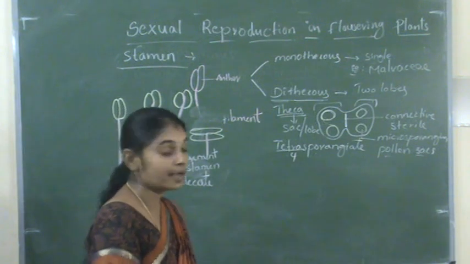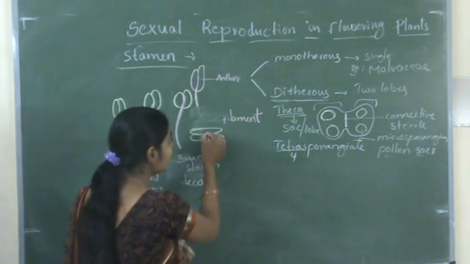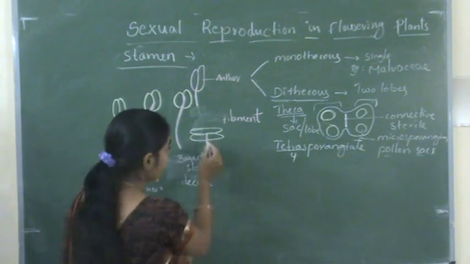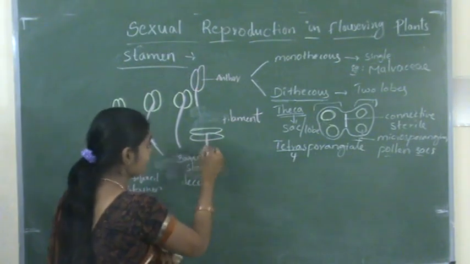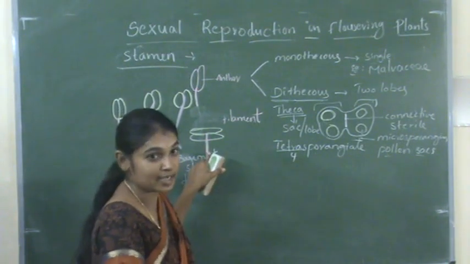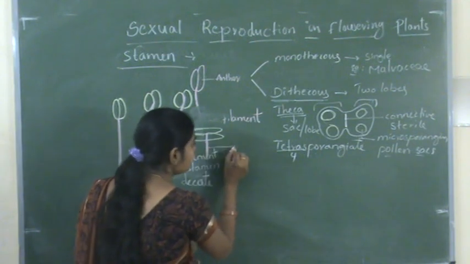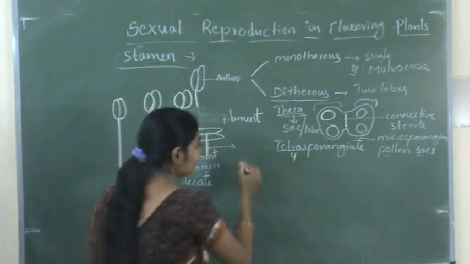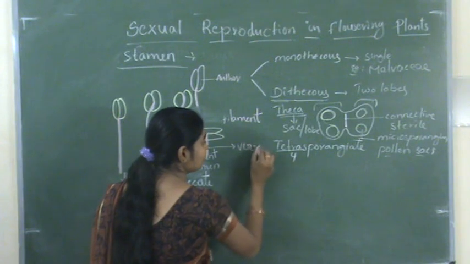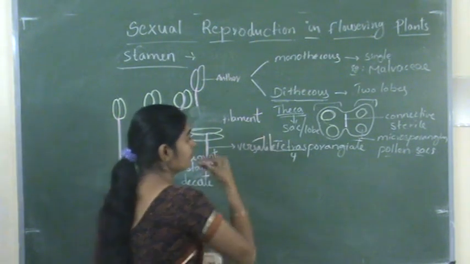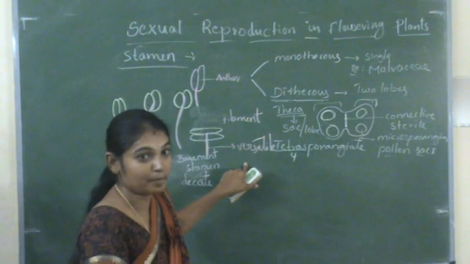And another one is there, in which flattened anthers are present, and in the middle of the anther the filament is attached. So this type of stamen is called versatile stamen.